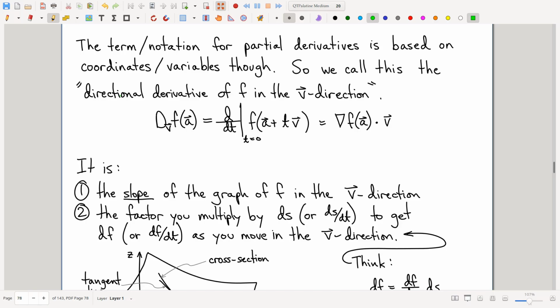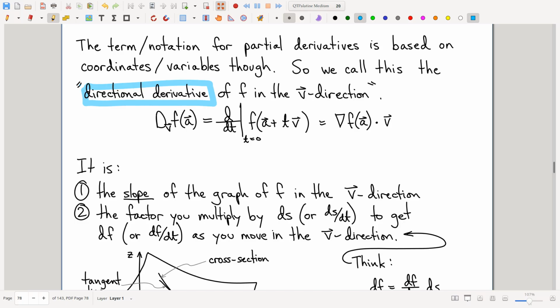And if I want to talk about a more general concept, I can't use something that is specific to coordinates. So we just have a new word. It's called directional derivative. This just means same thing, morally equivalent to partial derivatives, just with respect to a different coordinate system, you might say.